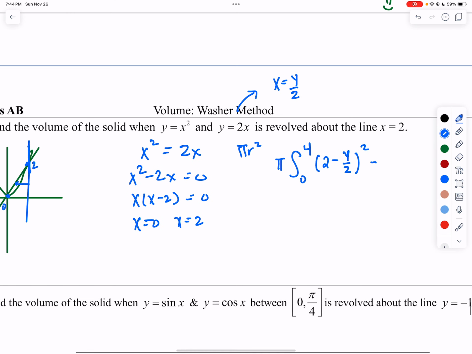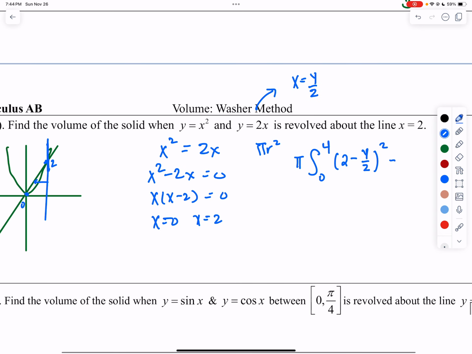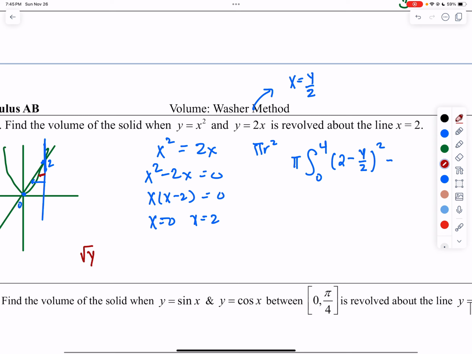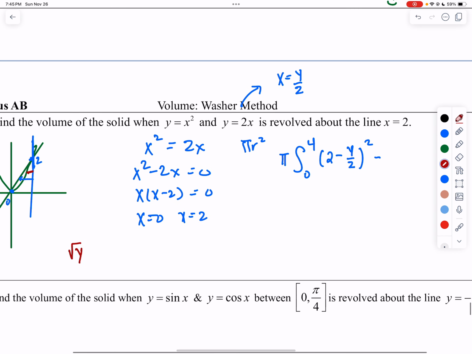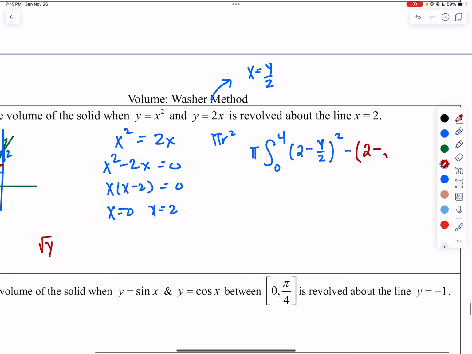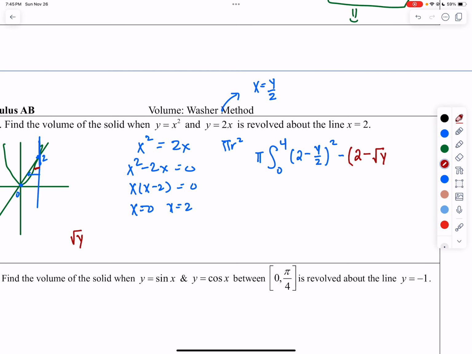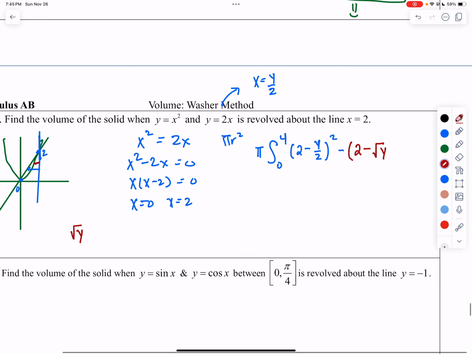And then my closest function is going to be my parabola right here, my x squared. However, remember that since I need it in terms of y right here, that is going to be the square root of y. So I have right, which is going to be 2, minus my left, which is going to be the square root of y. And then dy.